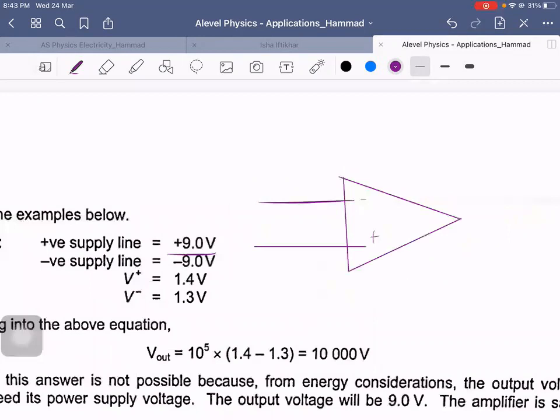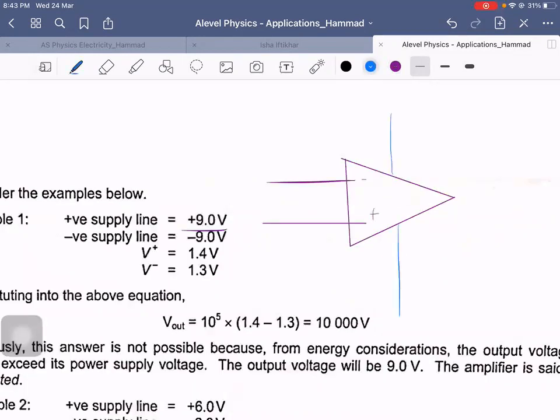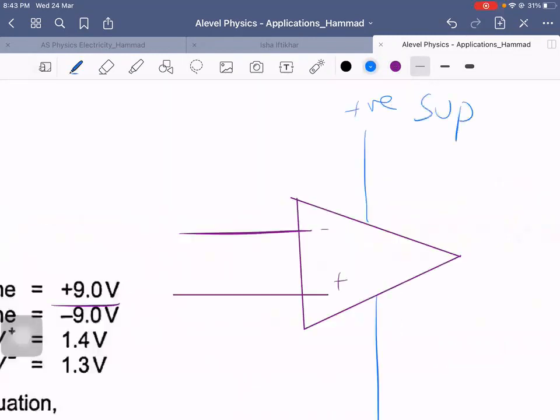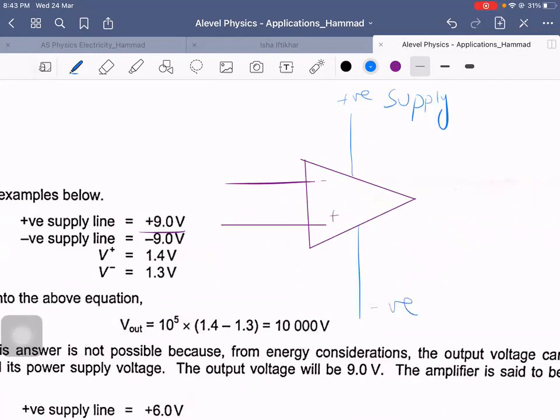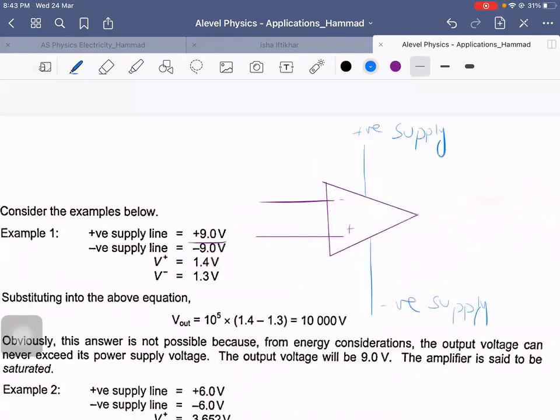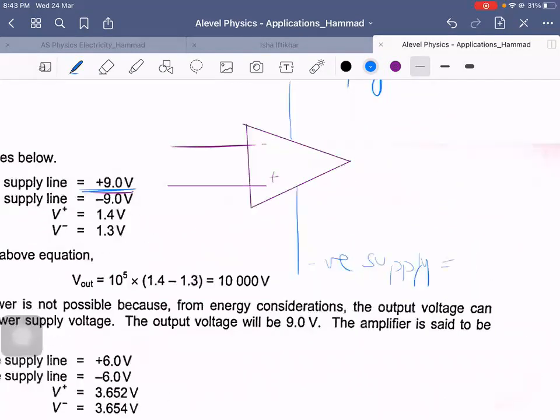Your positive supply is connected to the positive part, your negative supply is connected to the negative part, right? Your supply lines are 9 volts.